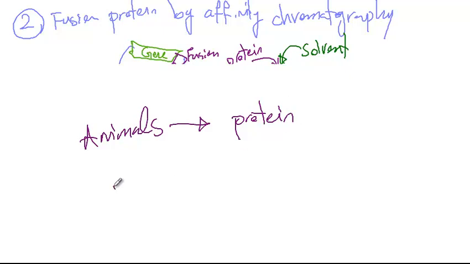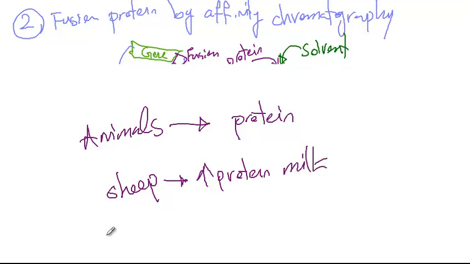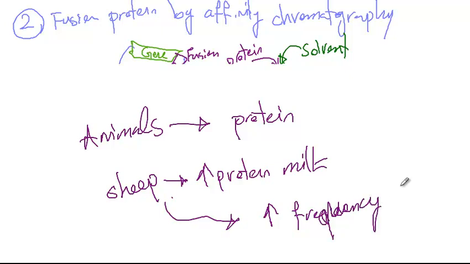For instance, if you use a sheep and you try to place a gene so that it increases the protein content of their milk, these animals will have a high frequency of birth defects as well as premature death.